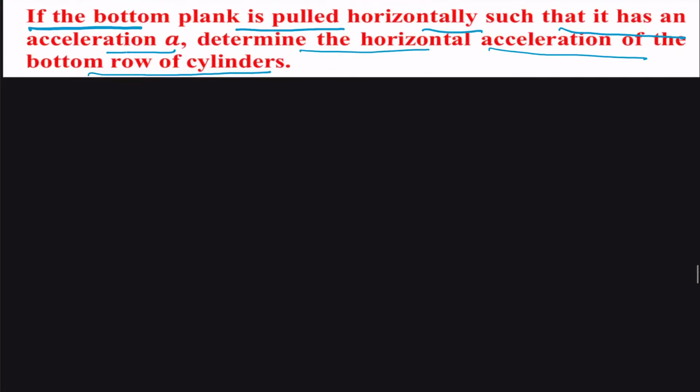So in this case we can just draw the basic figure, and we are given that we are having two cylinders at each level.